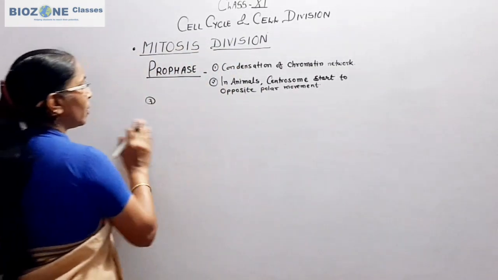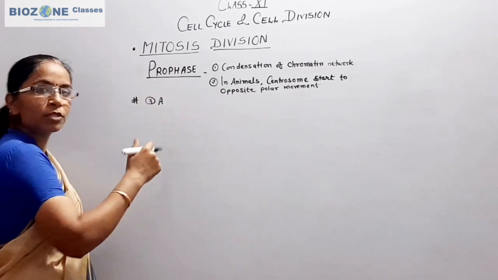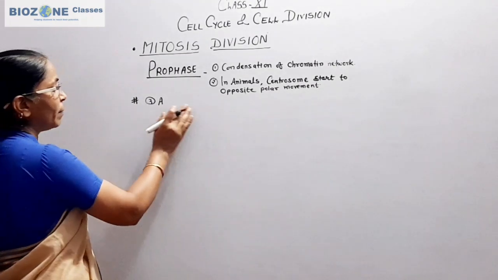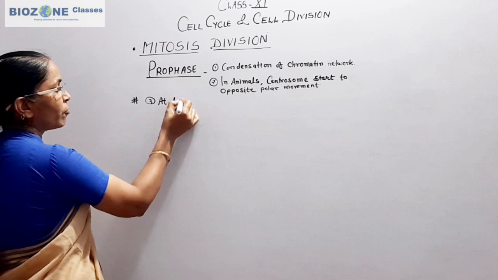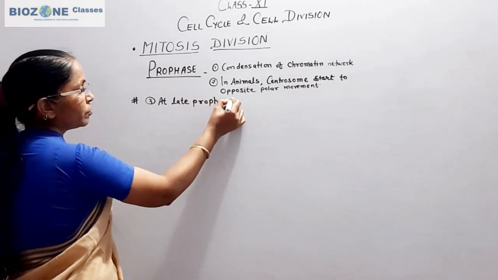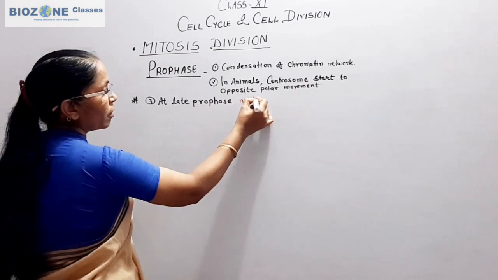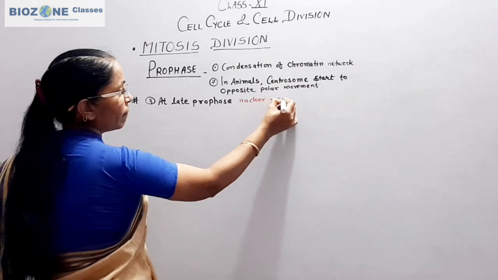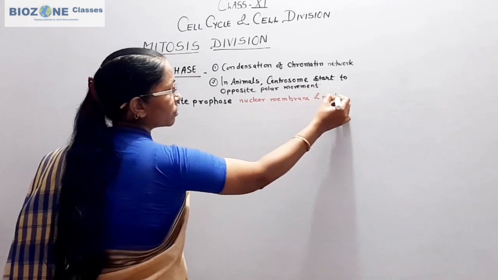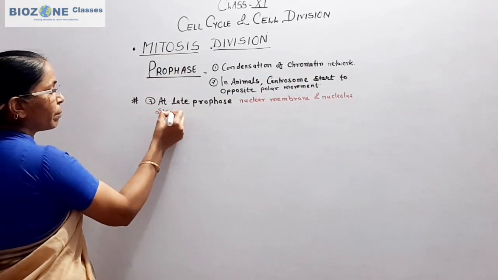And then, an important feature, generally asked in competitive exams in true and false type statement based questions: at late prophase, the nuclear membrane and nucleolus start to disappear.